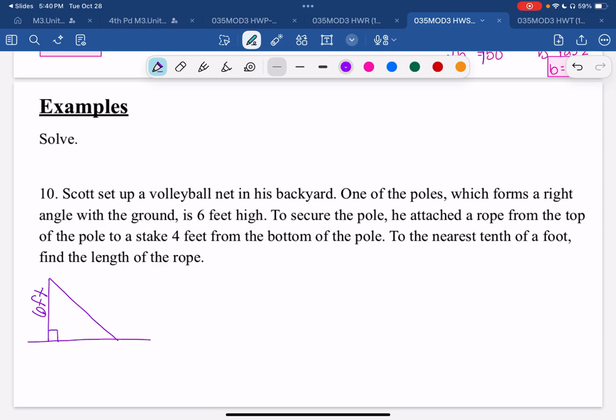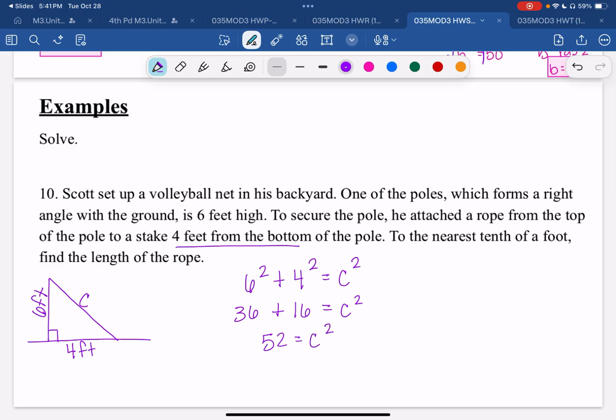Okay. And it says that he attached a rope from the top of the pole to the stake that is 4 feet from the bottom of the pole. That means that the 4 foot needs to go here because it wants us to find the length of the rope. That means that we need to find side C. That's the rope. Okay, so A squared plus B squared equals C squared. So 36 plus 16 equals C squared. 52.